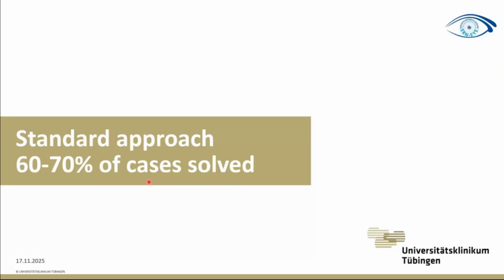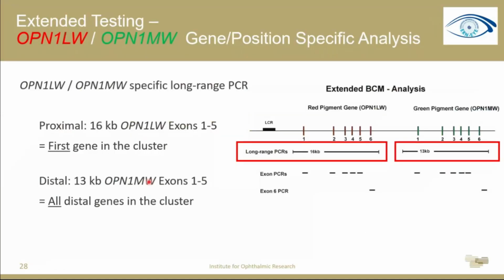If this does not result in a genetic molecular diagnosis, we continue with our so-called extended screen that is gene position specific. For this, in the very first instance, we amplify the very first gene in the cluster, which is typically, or actually needs to be, a red opsin gene, and all downstream genes. So we cannot separate the different copies of green, whether there is 1 or 5 or 10.